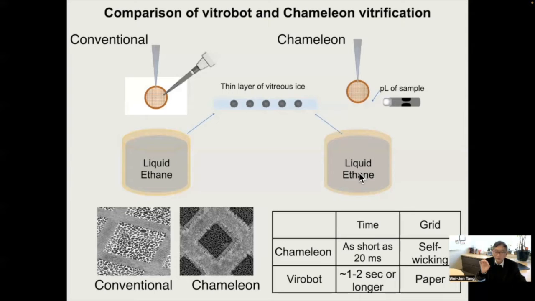The sample is small enough and the grid has this nature to absorb and spread it, so it's called self-wicking. The entire process can be as short as 20 milliseconds, about a 100-fold improvement compared to the conventional method. This basically shows the process.